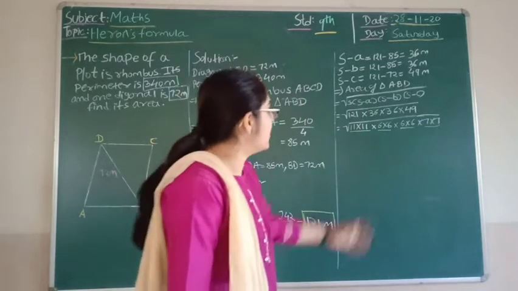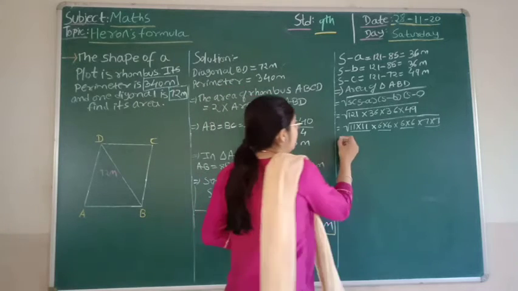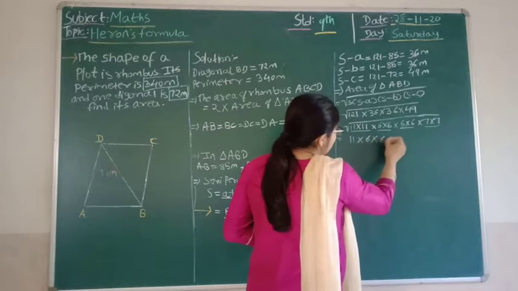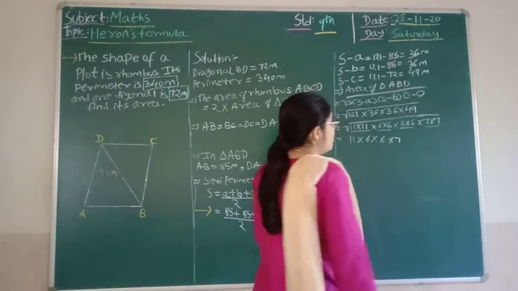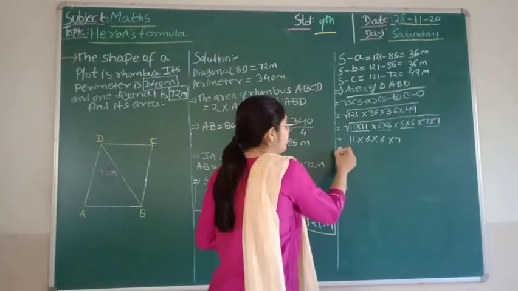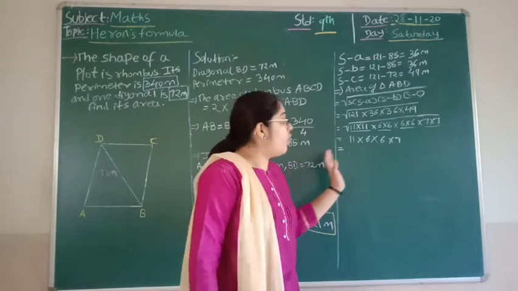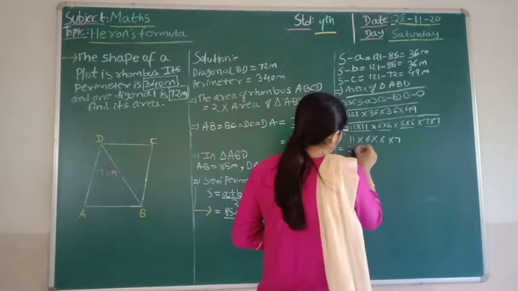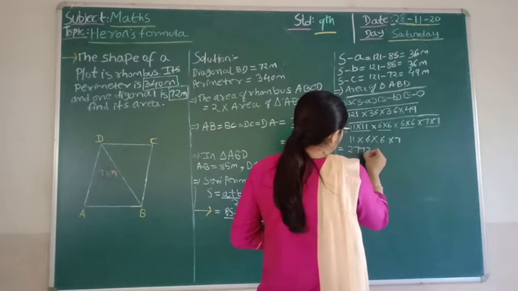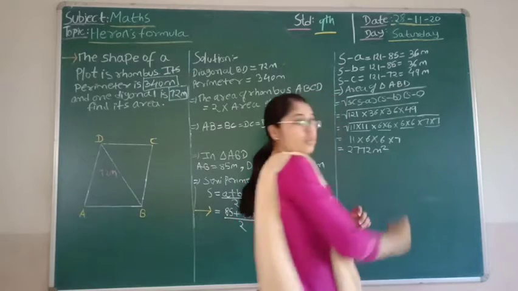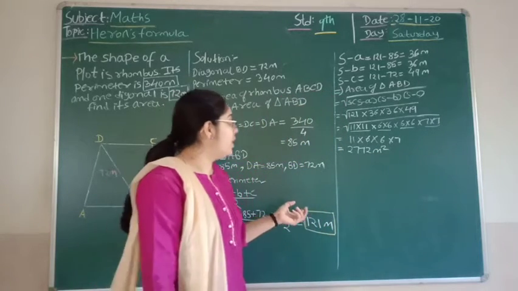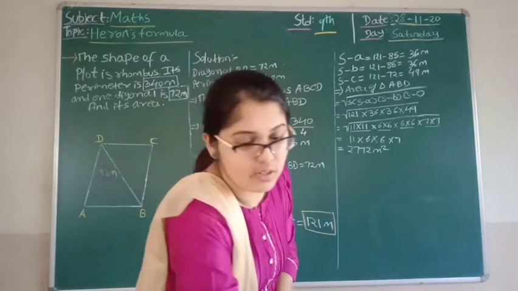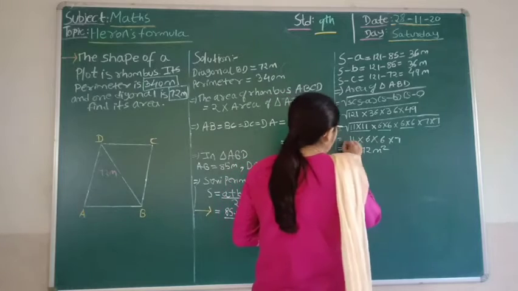So we are basically having pairs over here. That is 11 into 6 into 6 into 7. Now if you multiply all of this, the answer will be 2772 meter square.